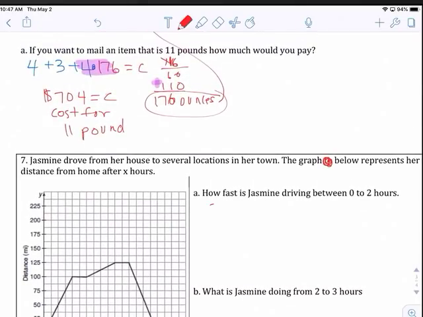How fast is Jasmine driving? Fast is its speed, or the same thing as rate of change. How fast is Jasmine driving between 0 to 2 hours?